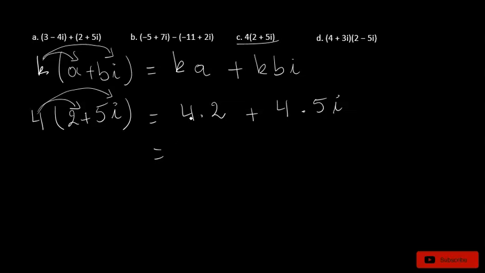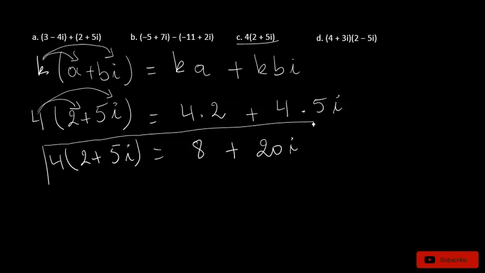Then we're going to simplify. It is 8 plus 4 times 5, which is 20i. This is the result of 4 times 2 plus 5i. It's very simple.